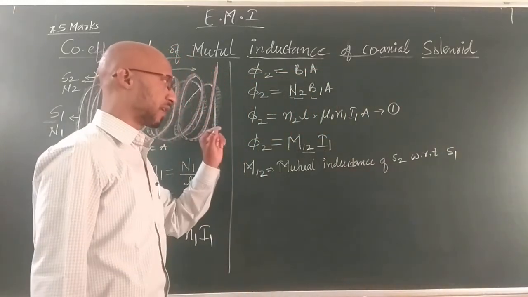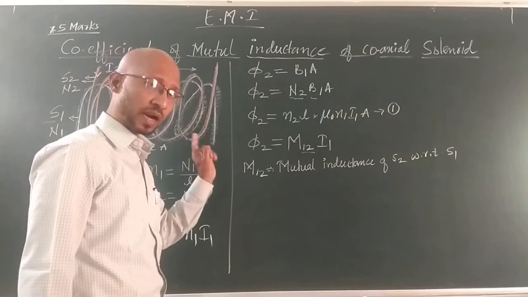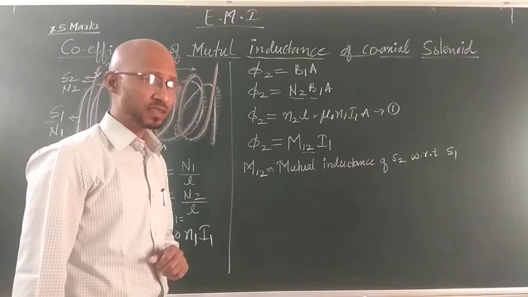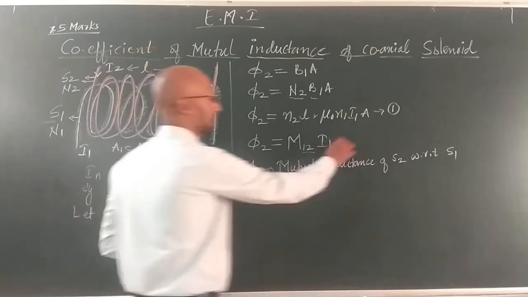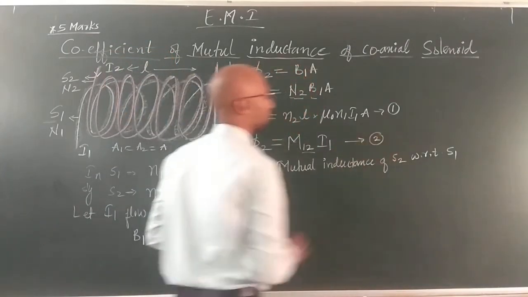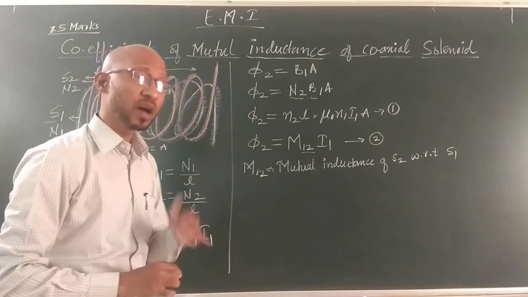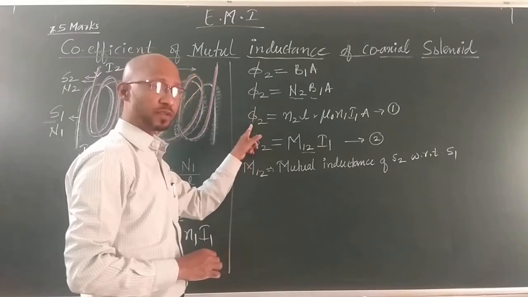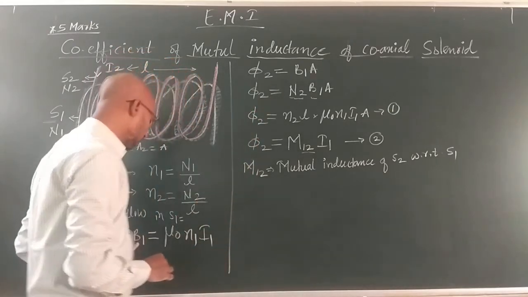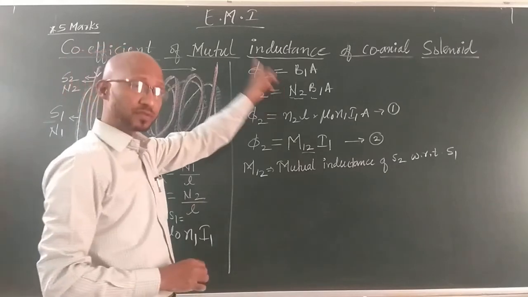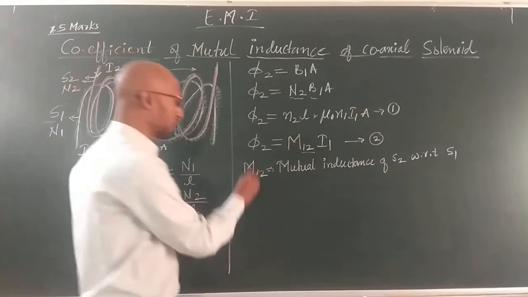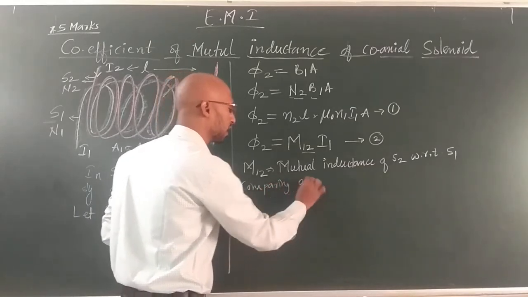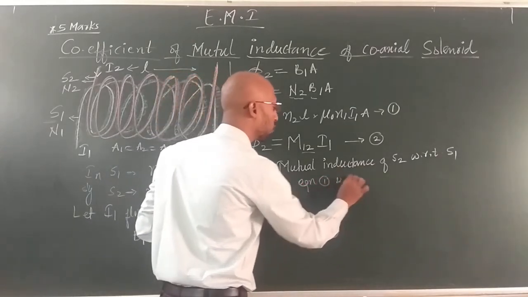Whatever current flows in the first solenoid generates a flux, and due to this a mutual inductance is generated. Now this I write as equation number 2. Comparing equations 1 and 2, as per the definition of mutual inductance, what will we get?